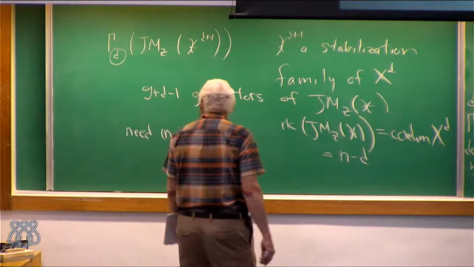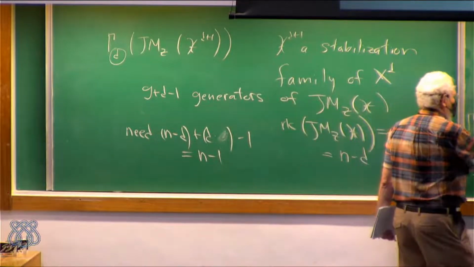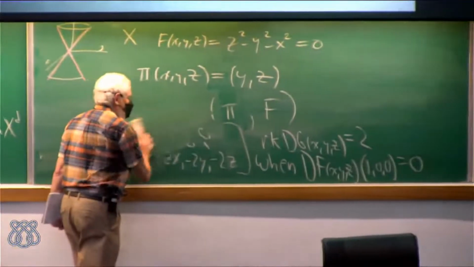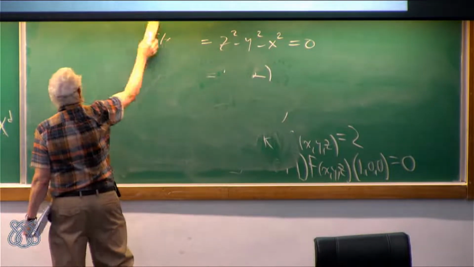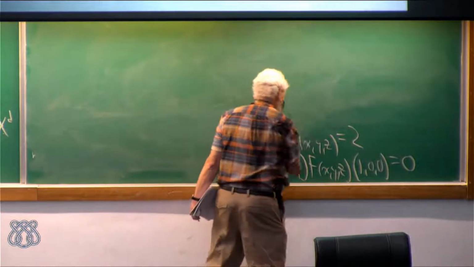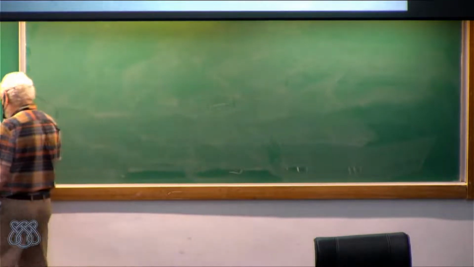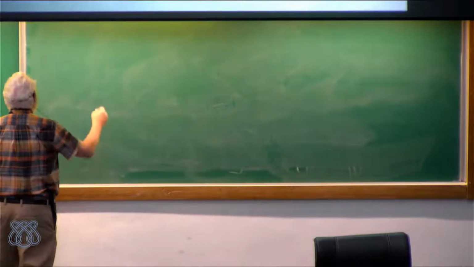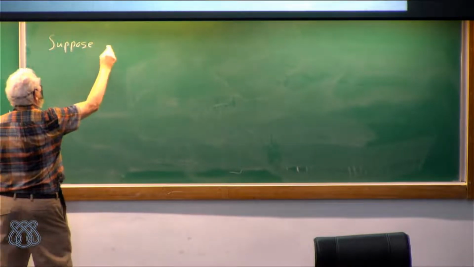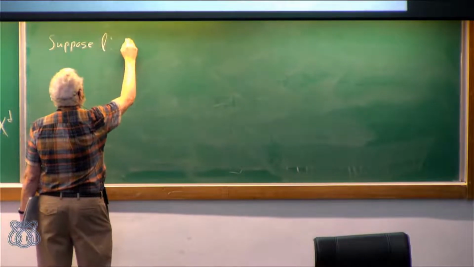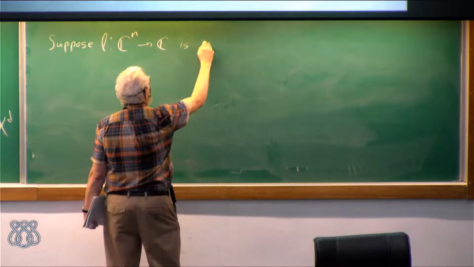Now, let's think about what happens here. Suppose L, mapping C^n to C, is a generic linear form.